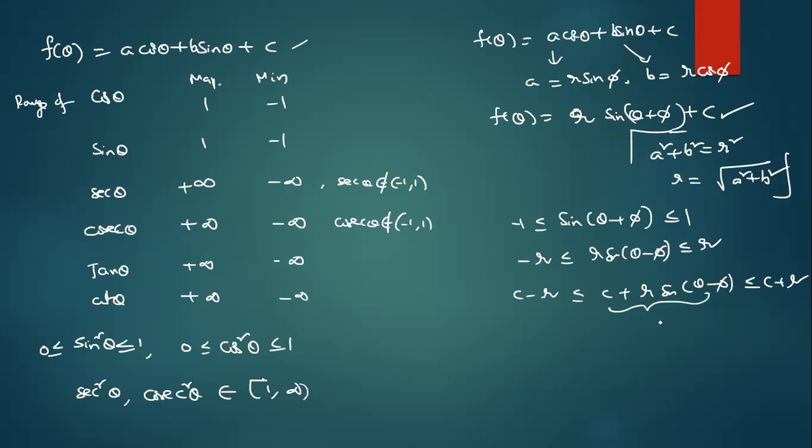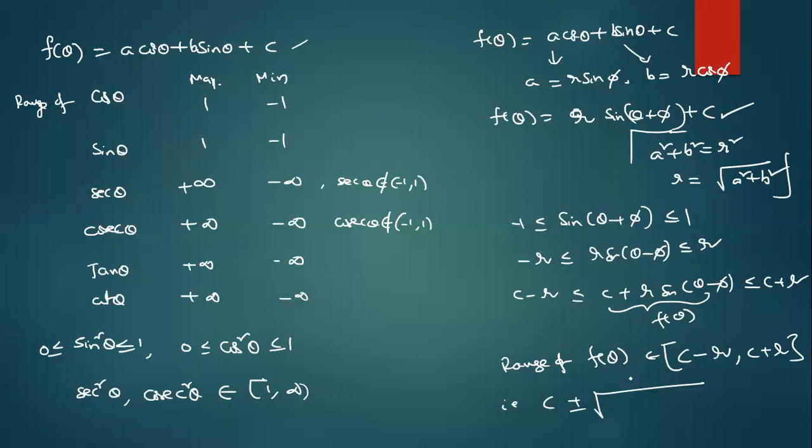That is f of theta. That means the range of f of theta is C minus R comma C plus R, that is C plus or minus root over A square plus B square. Please write down these formulas.